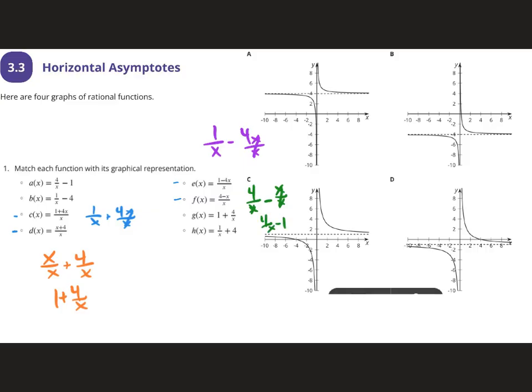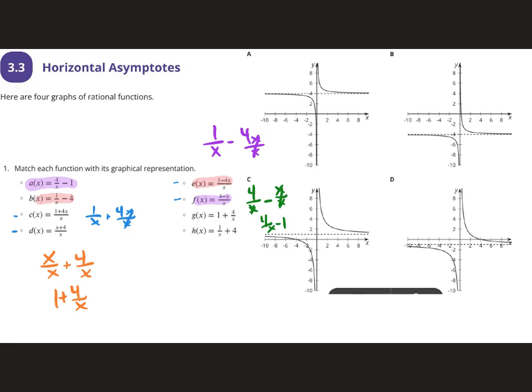Now, A is the same as F. Okay, so let's highlight these. B is the same as E. They'll just look different because they both have denominators.